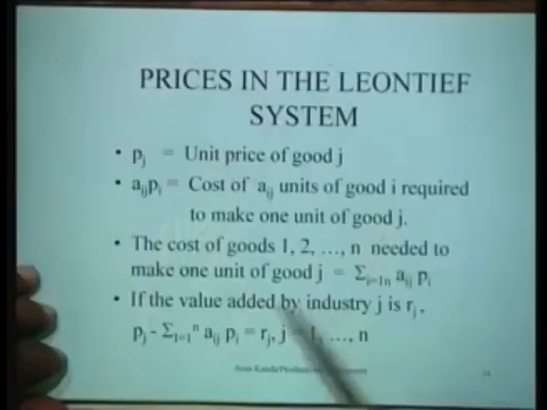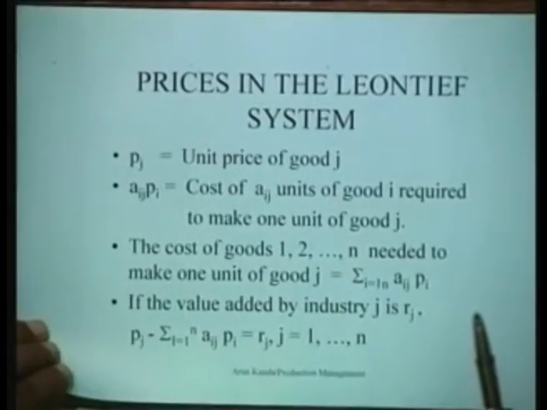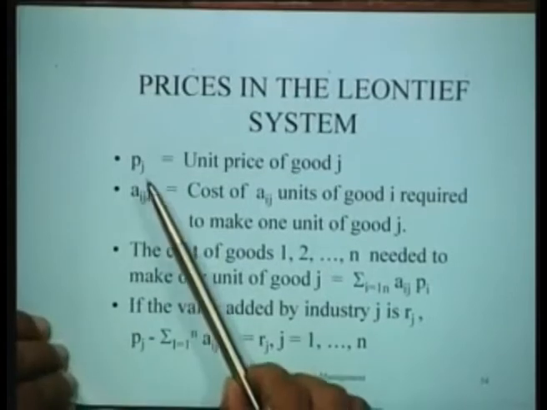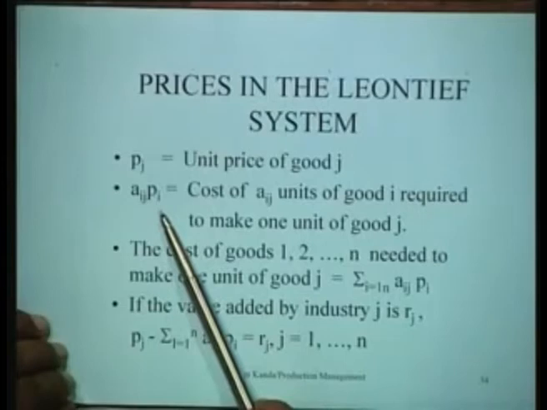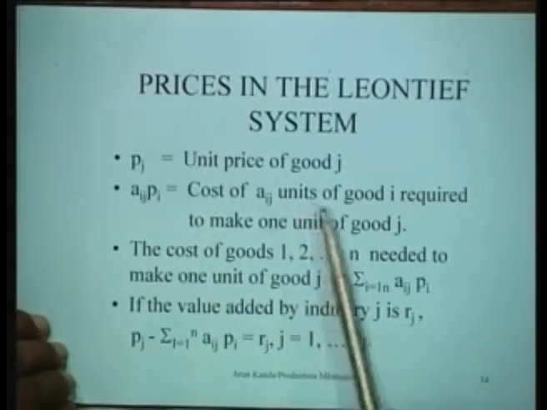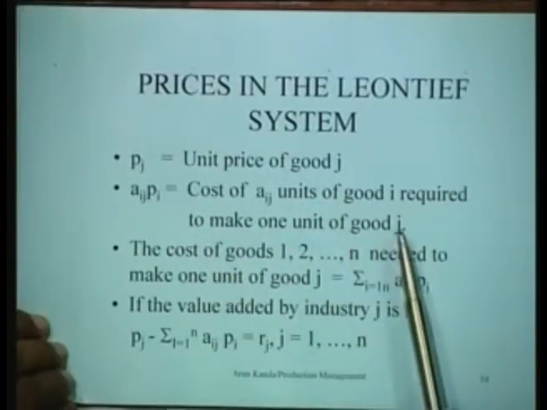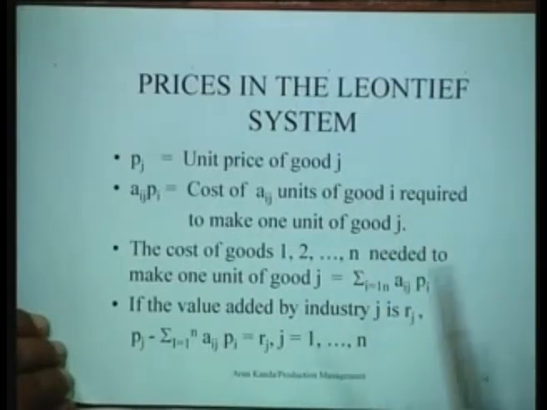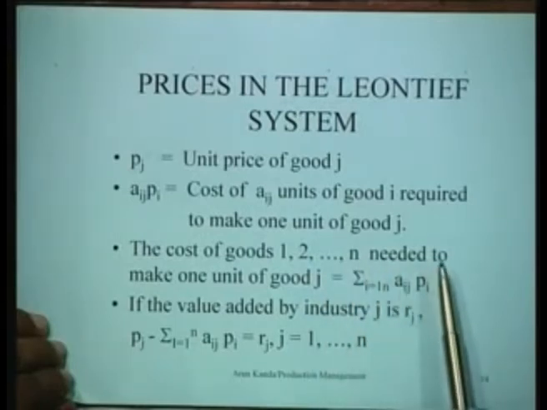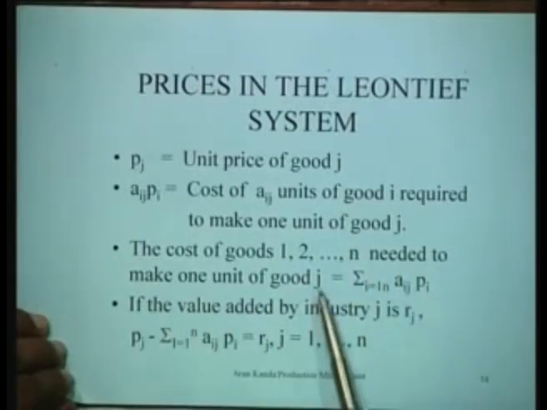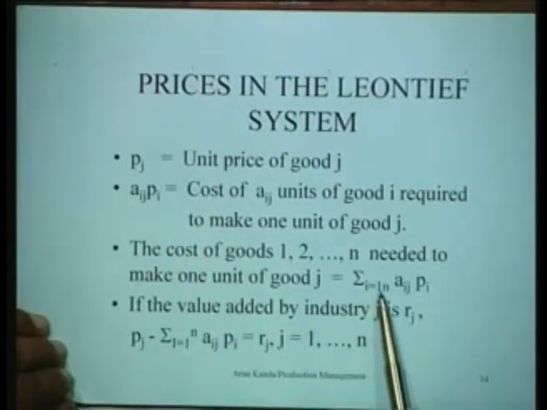The second aspect of this model is the prices in the Leontief system. If Pj is the unit price of good J, then Aij Pi would be the cost of the Aij units of good I required to make 1 unit of good J. Therefore, the cost of goods 1, 2, 3 up to n needed to make 1 unit of good J would be the summation from i equals 1 to n of Aij Pi.